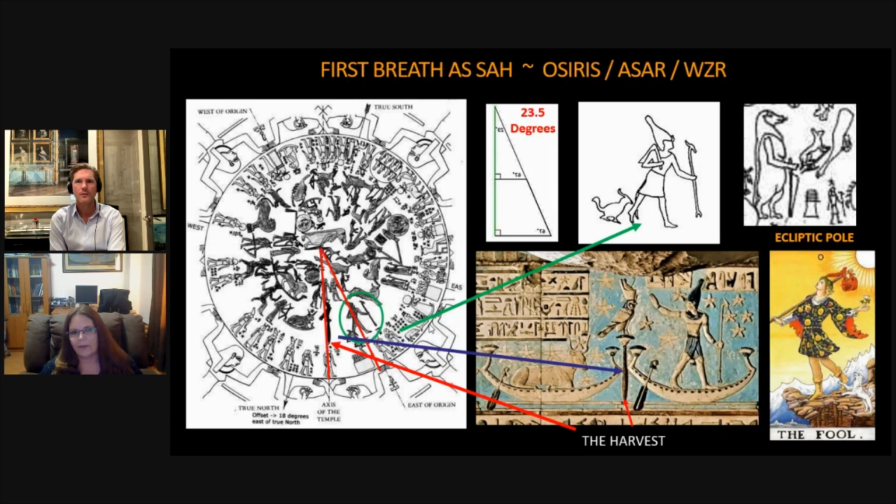If you look at the bottom where I have the harvest, you see an image of Horus on a lotus pillar, wearing the dual crown of Upper and Lower Egypt, representing the unification not only of the land, but of the two hemispheres of the brain to the two hemispheres of the earth. This is the zero point.